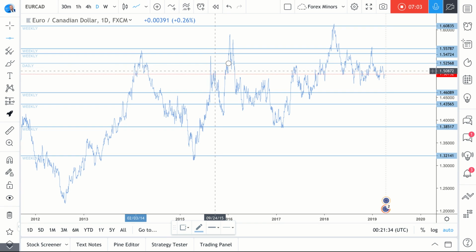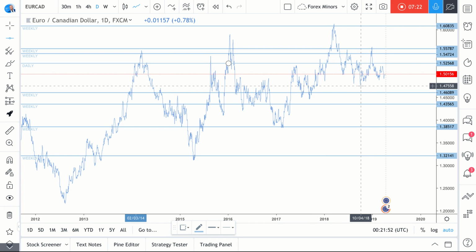This is so jumbled that I'm going to do it on the 4 hour. This is jumbled as well, like right in here. The biggest area where it kind of stopped is like right here. This was the bottom. I don't see any support really for this.